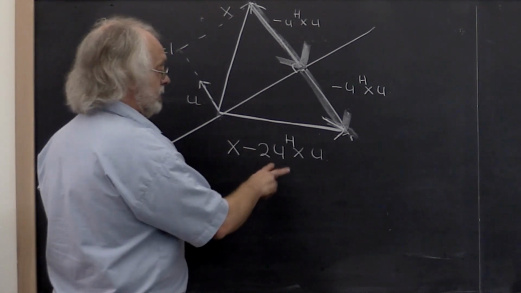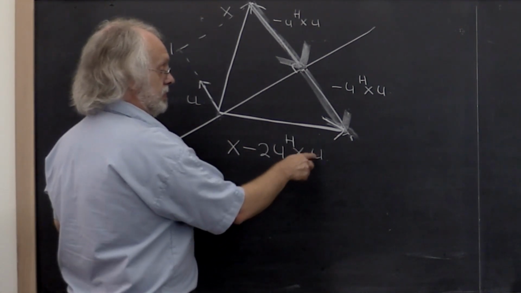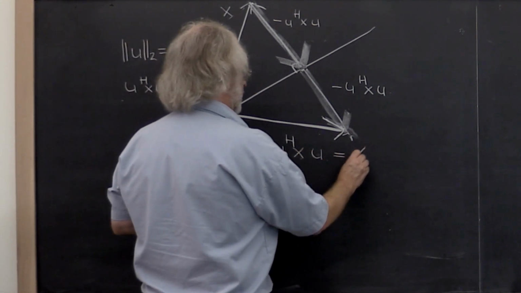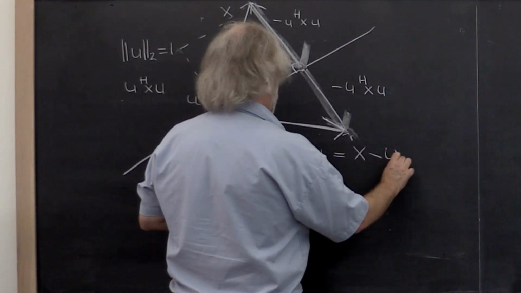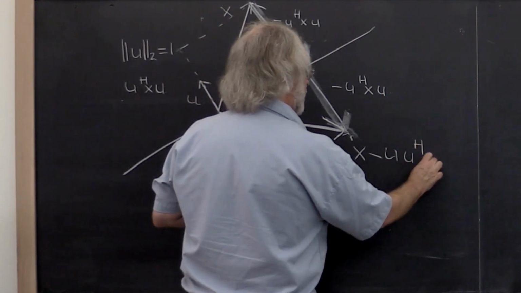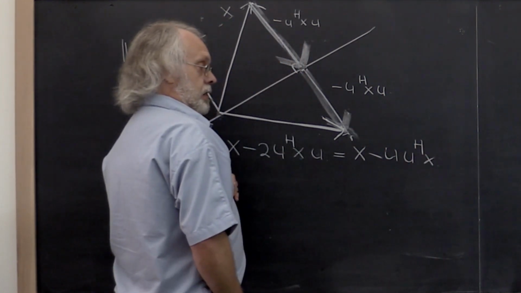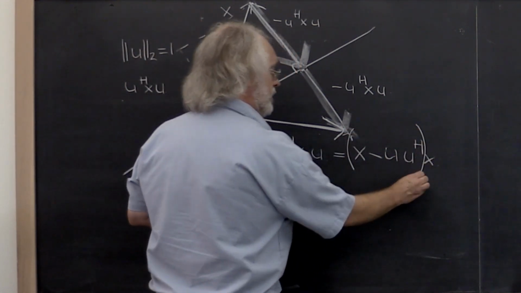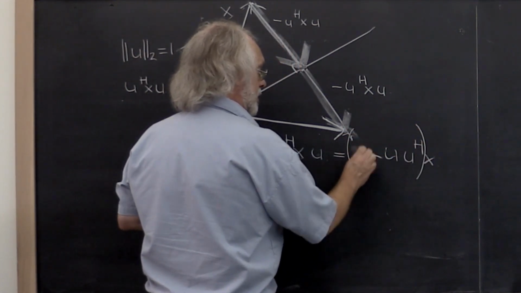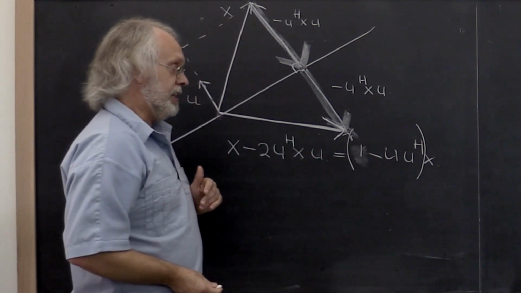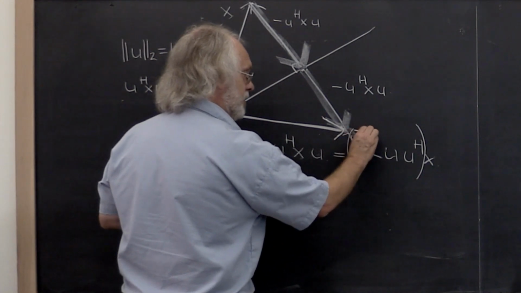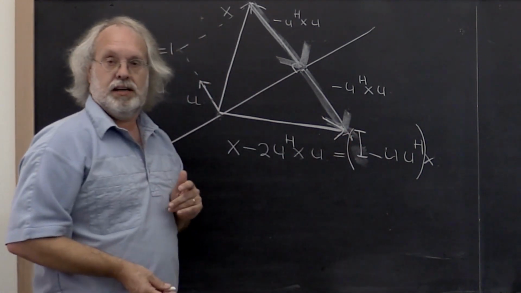Well, we know that a scalar times a vector is the same as a vector times a scalar. So this right here is the same as x minus u times u dot product with x. It'd be tempting to now say, oh, I can do this and factor out an x, but you can't quite do that. You can do that if you make this the identity.